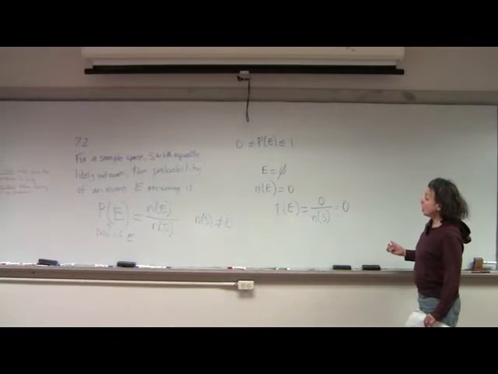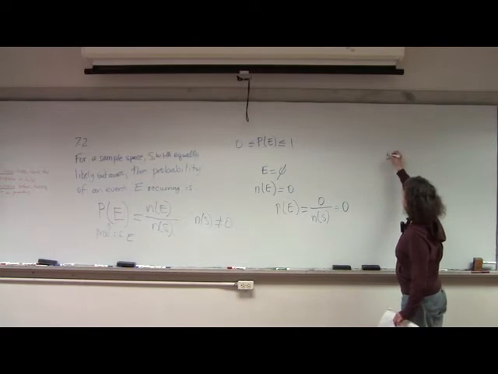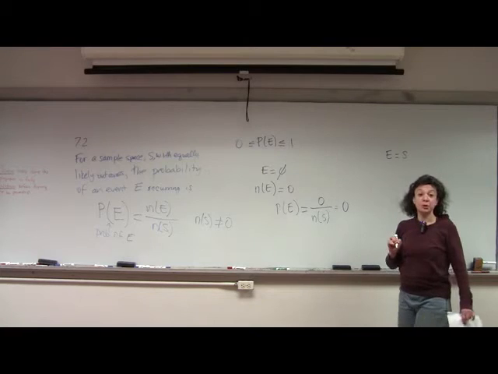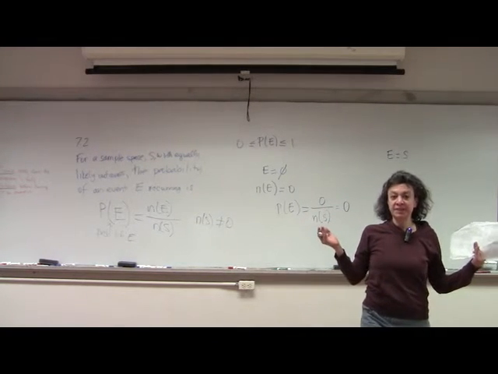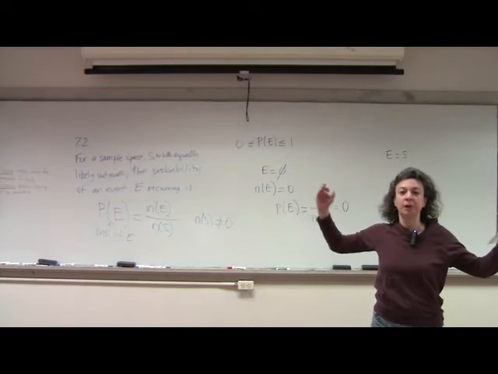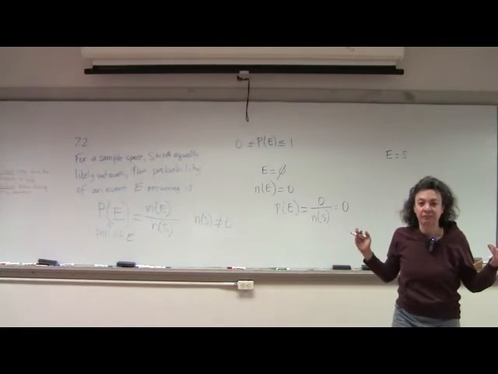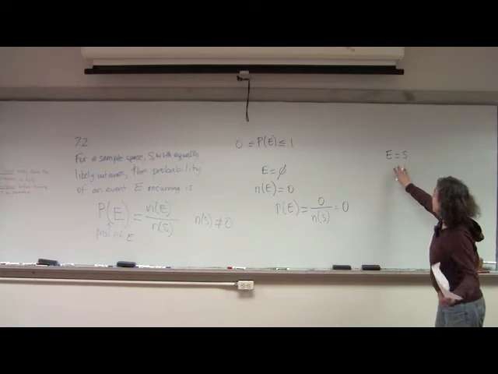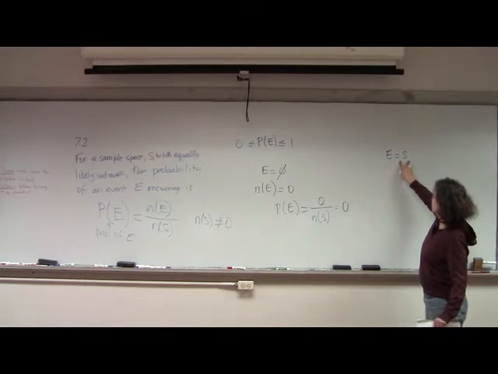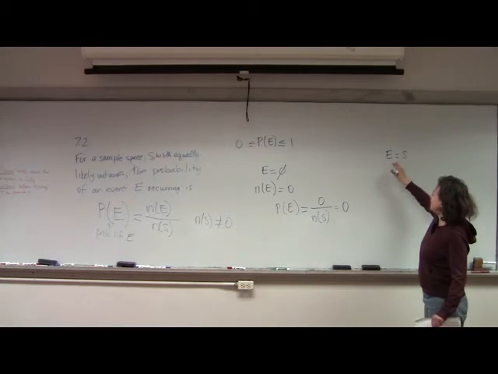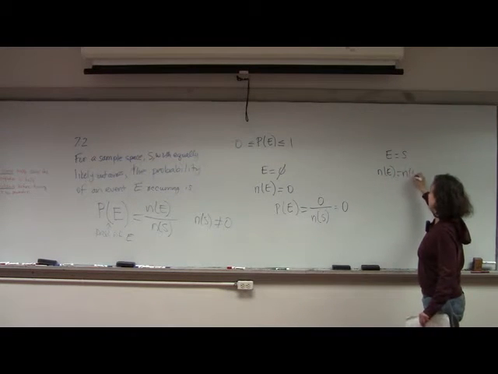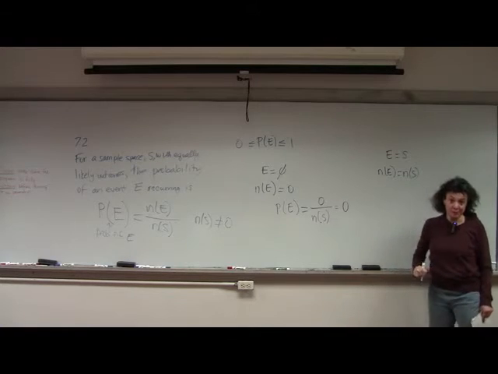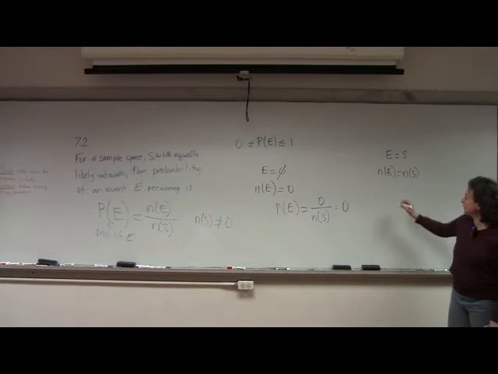On the other hand, let's talk about how large an event can be. Well, the largest an event can be is actually just equal to our sample space. Okay? Remember, when we're talking about various experiments, our sample space becomes the universe. It is the set of everything. So, if my event is equal to my sample space, I think you'd agree that obviously the number of elements in my event is equal to the number of elements in my sample space.